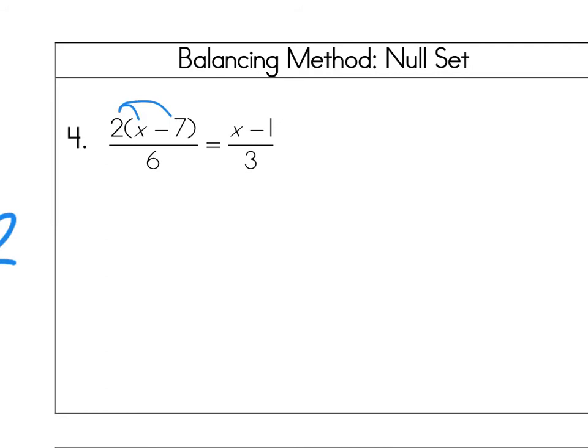So after I do that, I end up getting 2x minus 14 all over 6 is equal to x minus 1 all over 3.